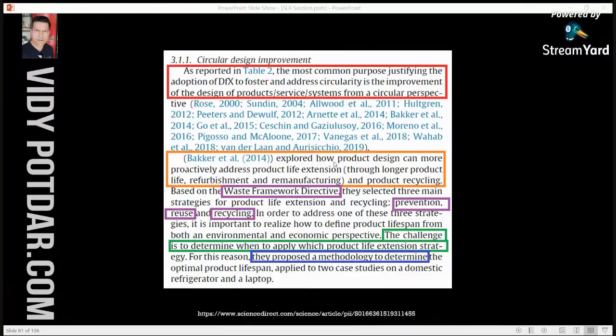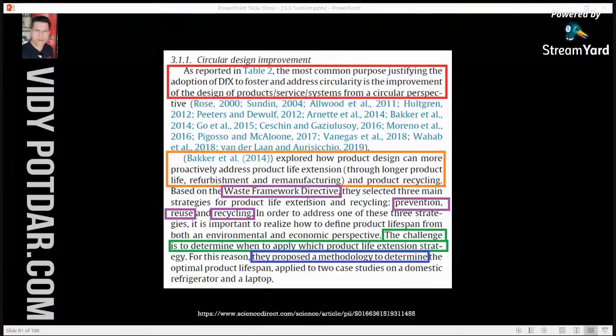Baker explored how product design can proactively address product life extension and product life recycling. So that is only 2 or 3 lines for one paper.